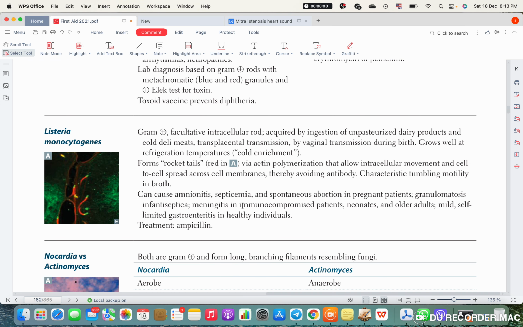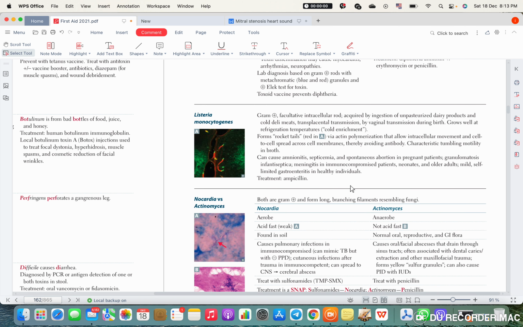So meningitis in immunocompromised patients as well, and in neonates and in older adults. It's mostly mild, self-limited gastroenteritis in healthy adults, but granulomatosis infantiseptica, this is deadly. The treatment is with ampicillin, okay? You must know the treatment is ampicillin.